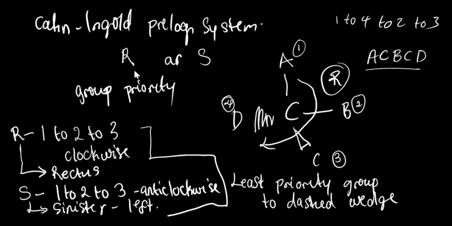A, B, C, D are the constituent groups in our compound, and we know that C is the asymmetric center. So let's keep that in mind.